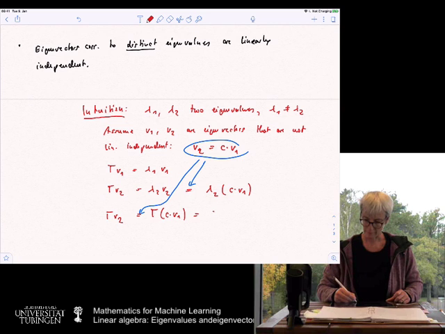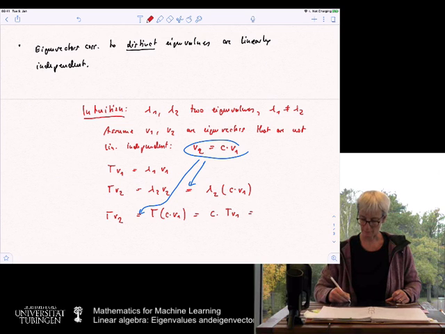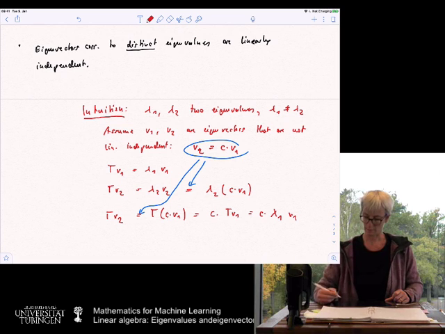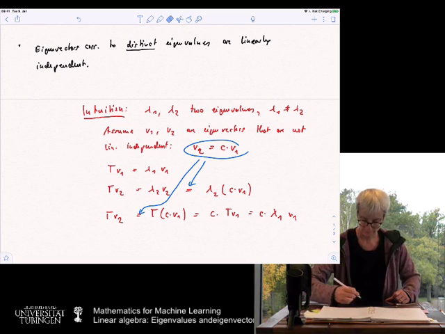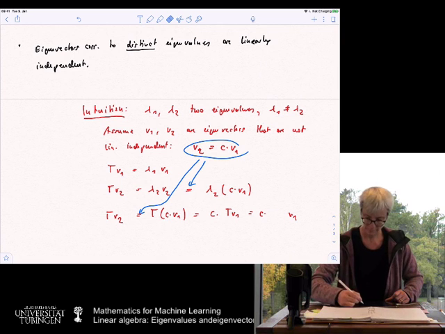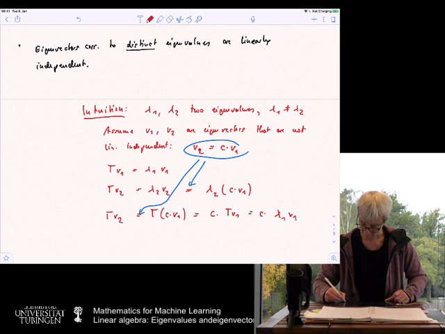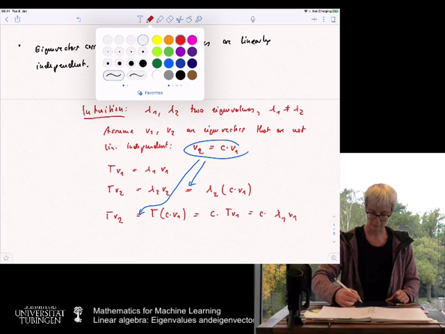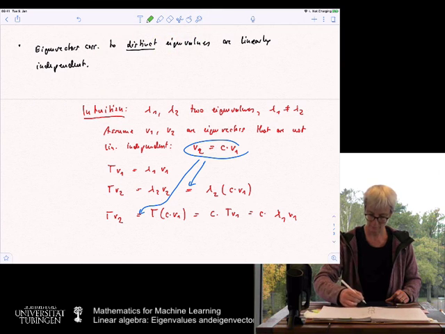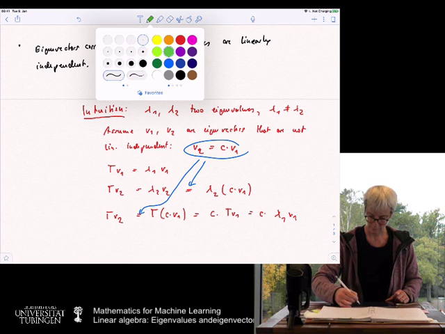And this is c times T of v1, and again I know that T of v1 is lambda 1 times v1. Sorry, it's hard to read. I write the lambda a bit nicer.